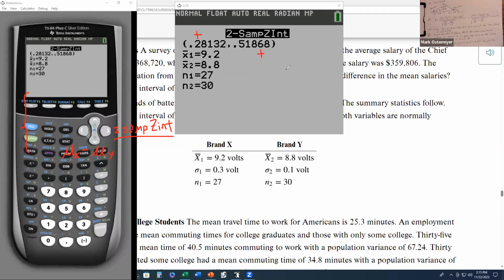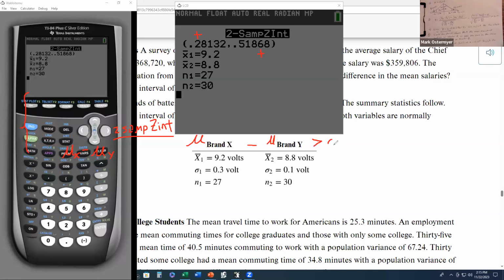Specifically, what difference would exist? Notice my order of subtraction was brand X minus brand Y. Specifically, the means were subtracted in this order here. And since we have endpoints that are positive, that would indicate that this difference is what? Greater than zero, isn't that true? Which would imply then that the mean voltage of what battery exceeds the mean voltage of which battery?